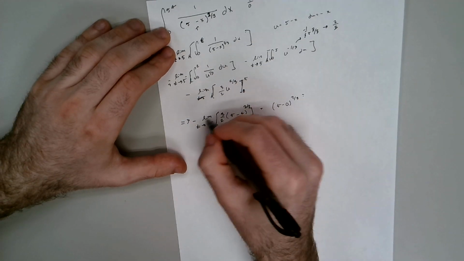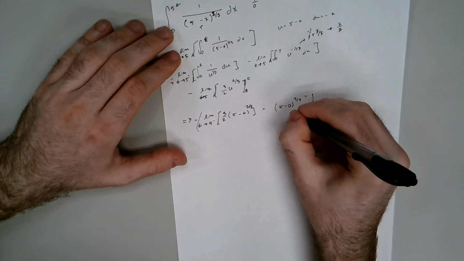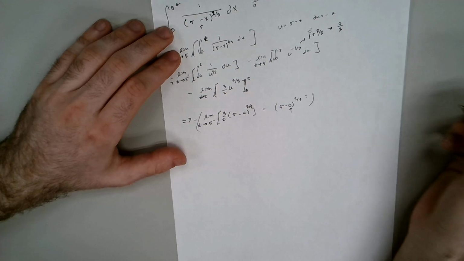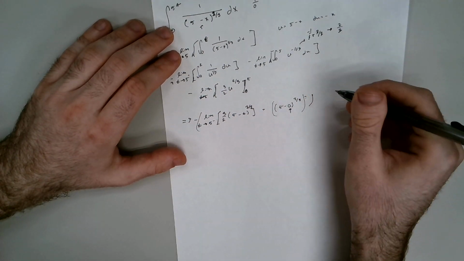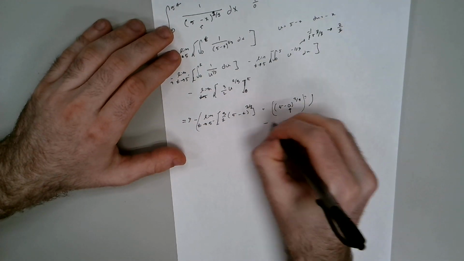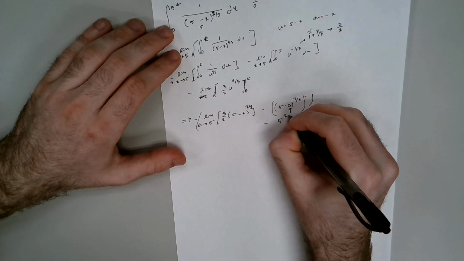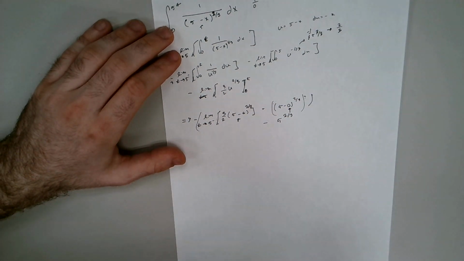Now, normally I would include the limit here, but because there's no t in this part of the function, the limit's not going to affect it. It's just going to be a constant, and in this case, it's going to be minus 5 to the 2/3 power. Now, if we apply the limit to this other part, it's going to affect it.